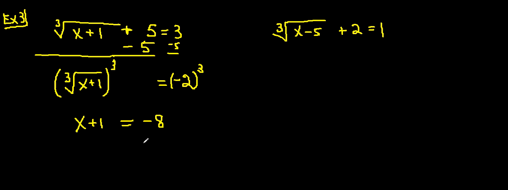And there we go. Now I can just solve for x. How about if I subtract 1 from both sides, so I get negative 9. So x is going to equal negative 9. And that would be fine. That's good.